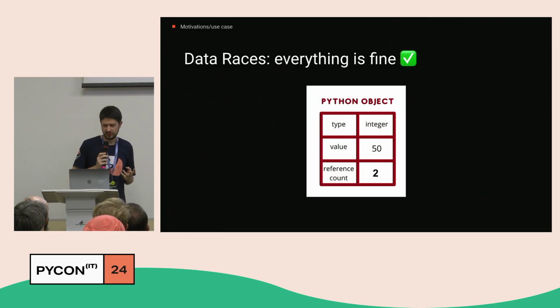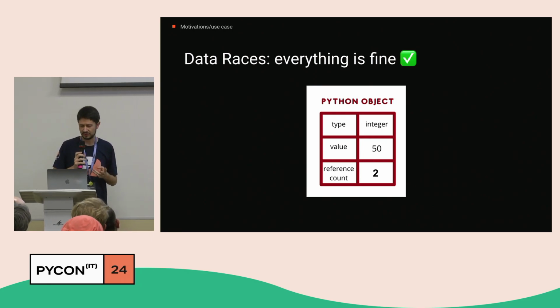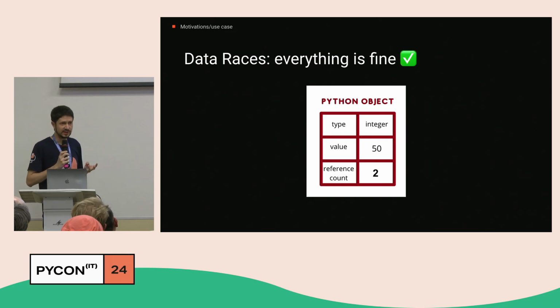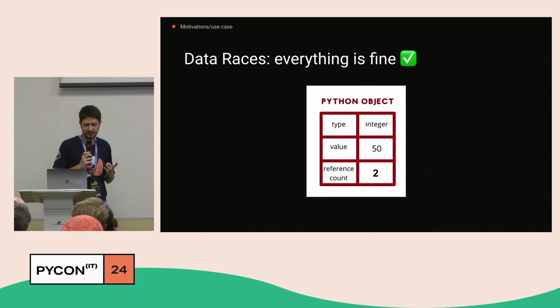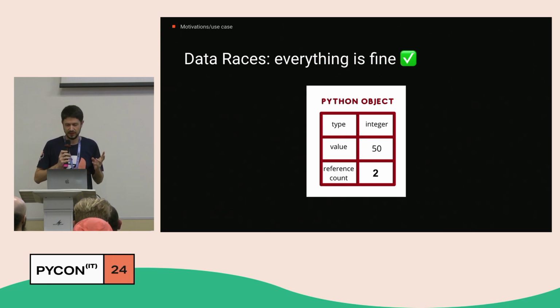And talking about data races, when we're sharing objects with different threads and processes, Python is not considered a thread-safe language, so it is possible for mistakes to happen. As I mentioned before, the reference count may never reach 0, and we have to deal with that. So this is what we should expect to happen. Let's say we have an object shared with 2 different threads, so the reference count for this object is 2.